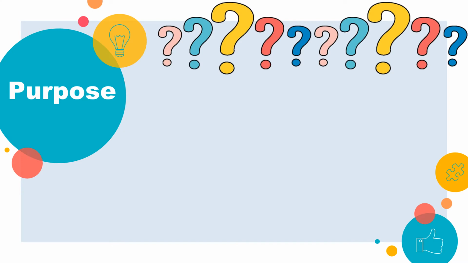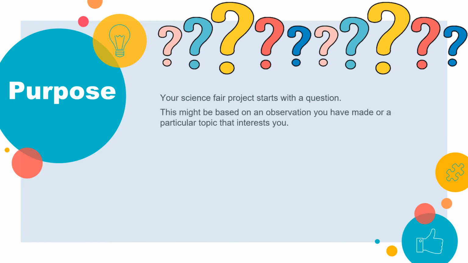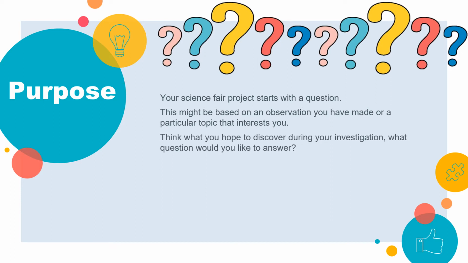Next one is the purpose. The purpose starts with a question. This might be based on an observation you have made or a particular topic that interests you. Think, what do you hope to discover during your investigation?